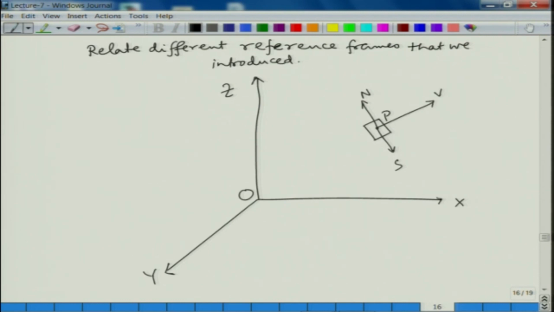Now, let us say sun is radiating from such an angle that the sun ray that is radiating directly on the surface of the earth will reach the center of the earth like this.